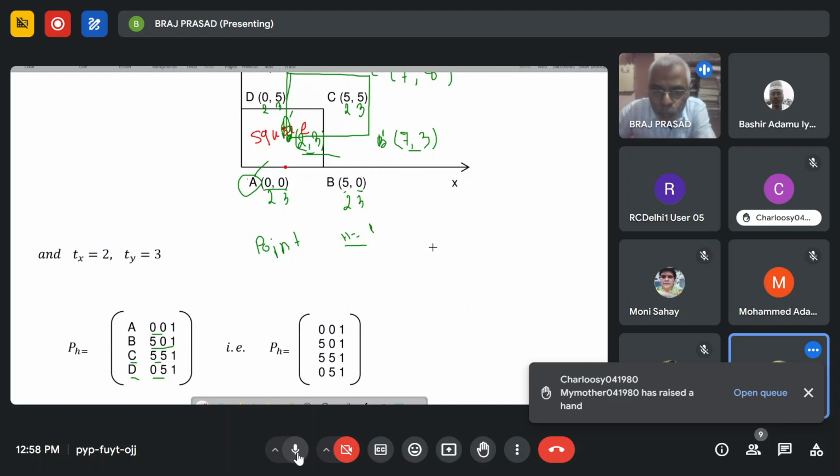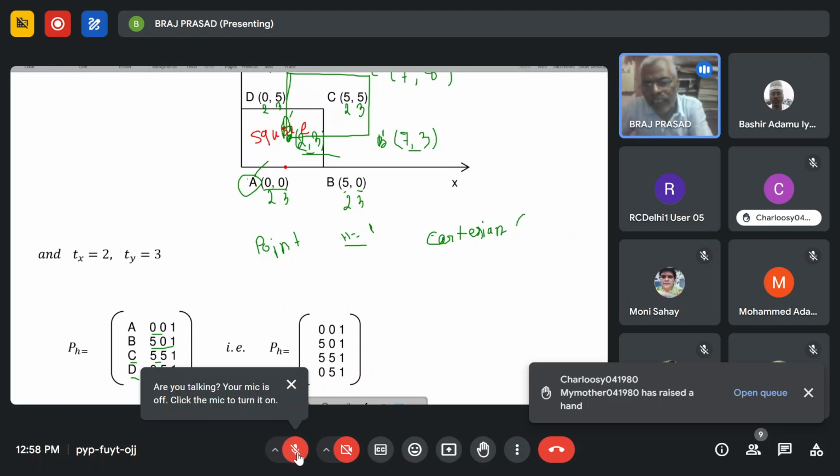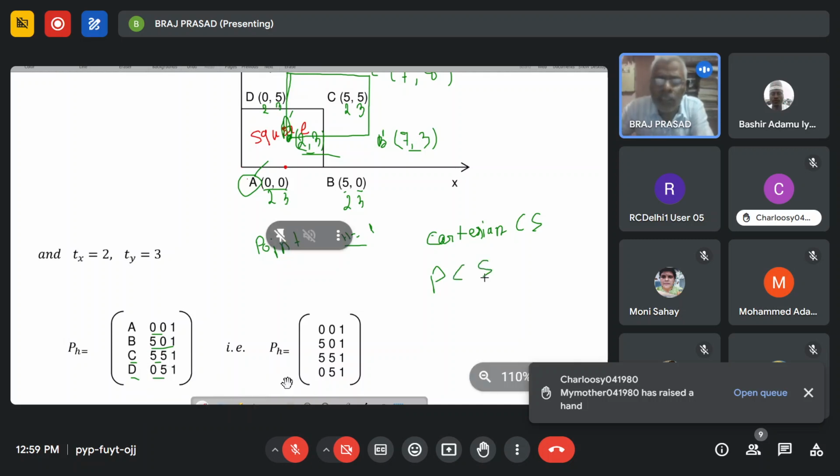In the case of Cartesian coordinate systems, there are different systems to represent coordinates: the Cartesian coordinate system and the polar coordinate system. There are a number of coordinate systems to represent the value of a coordinate.